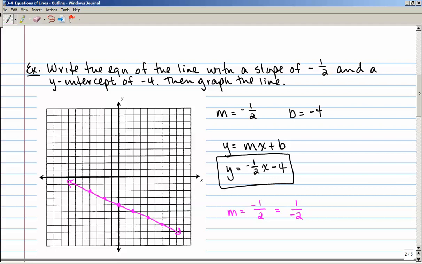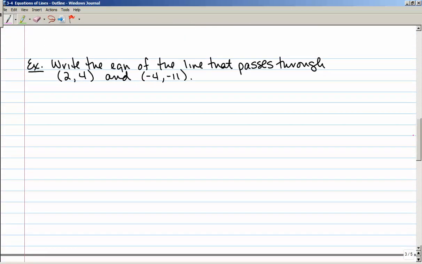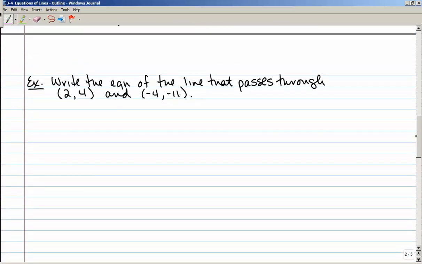Let's take a look at another example. This says write the equation of the line that passes through the points 2, 4 and -4, -11. So I have points on the line, but I don't know the y-intercept and I don't know the slope. So I need to figure that out. First thing to do is calculate the slope of this line, like we did in the last section.